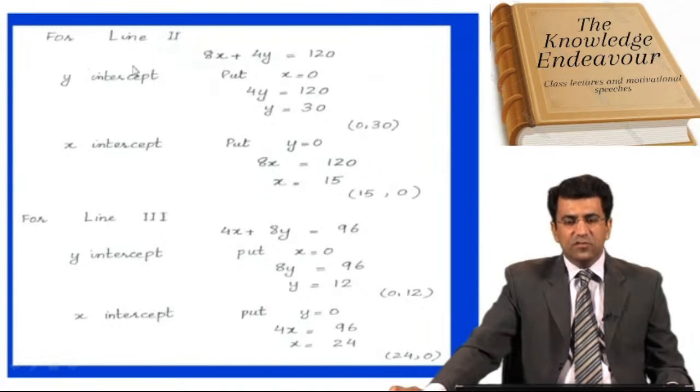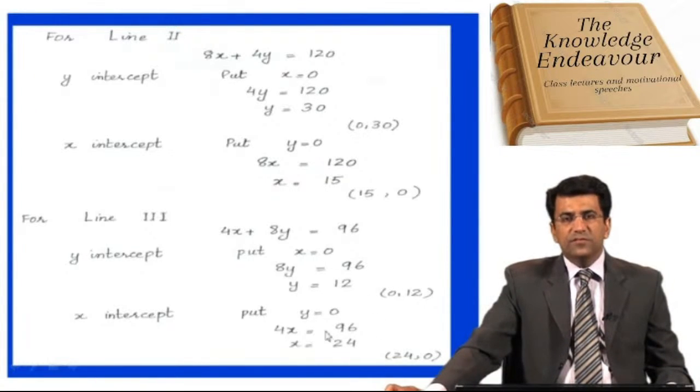For line 2, the second constraint, again we put it equal to 120. Putting x is equal to 0, y is equal to 30. Putting y is equal to 0, x is equal to 15. Again the 2 points are 0, 30 and 15, 0. Similarly, as there are 3 constraints, we have to solve the third equality as well. We put that inequality into equality, and by putting x is equal to 0, we get y is equal to 12. By putting y is equal to 0, we get x is equal to 24.